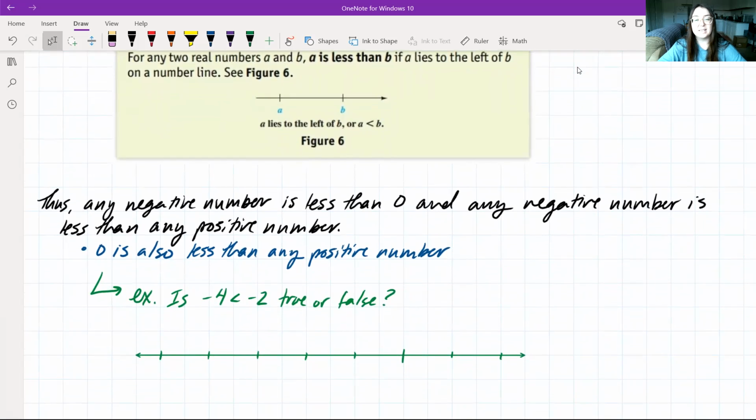All right, so an example here is -4 less than -2, true or false? And we're going to identify this and determine if it's true or false based on using a number line. So once again, we have a number line here. It is not defined. We don't have any numbers marked on our number line here. But as always, we want to start with 0.